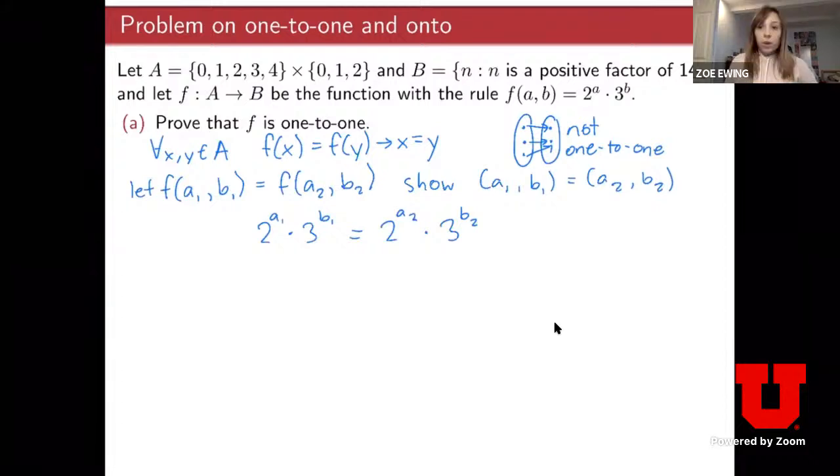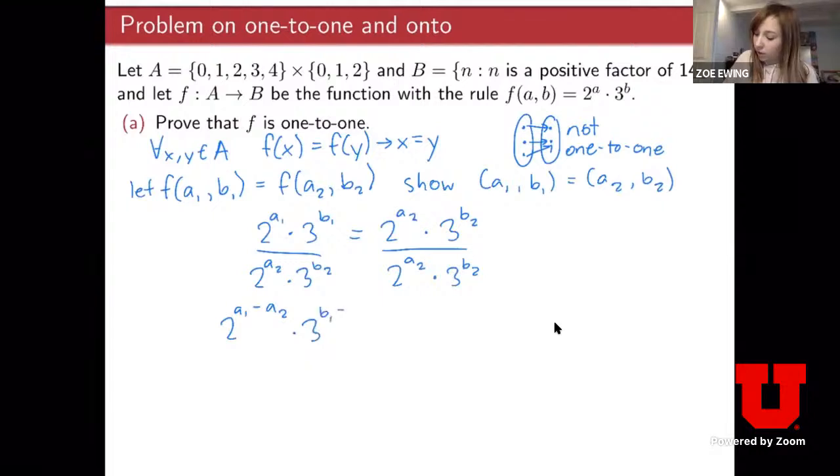So one way that we can manipulate this is if we divide both sides by the right-hand side of the equation. And this can simplify down, because of the rules of exponents, to 2 to the a1 minus a2 times 3 to the b1 minus b2, and that is going to equal 1.